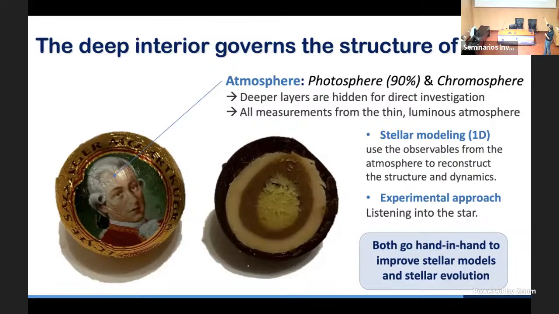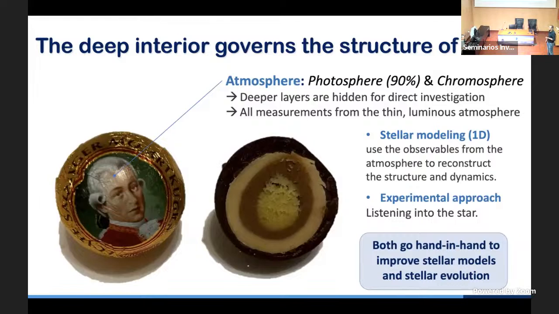If this would be 1.5 million kilometers, the aluminum foil would be about as thick as the photosphere. So all the information we get comes from this tiny little layer. And the art of stellar astrophysics is to reconstruct the whole structure beneath to calibrate our models.